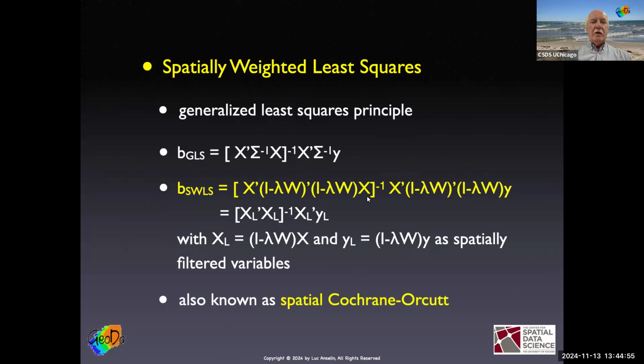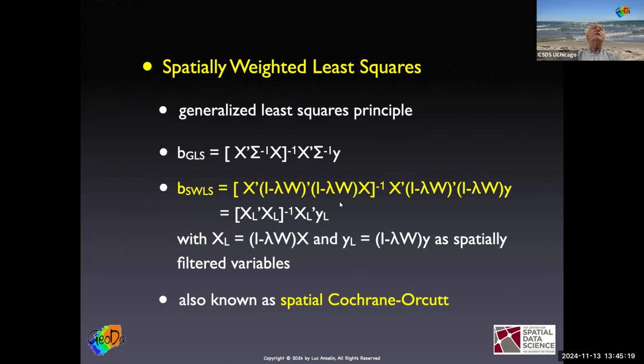Right? So this spatially weighted least squares, Kelejian and Prucha call this spatial Cochrane-Orcutt. Cochrane-Orcutt is a time series concept where you create first differences in time and run the regression on that.